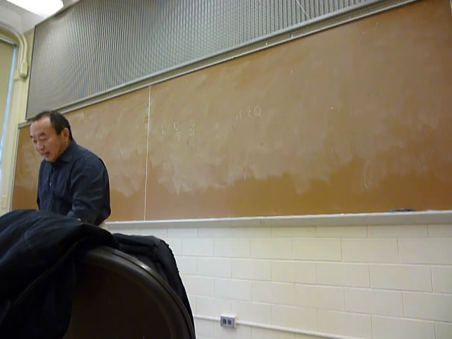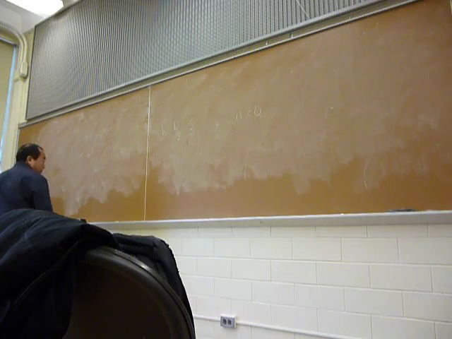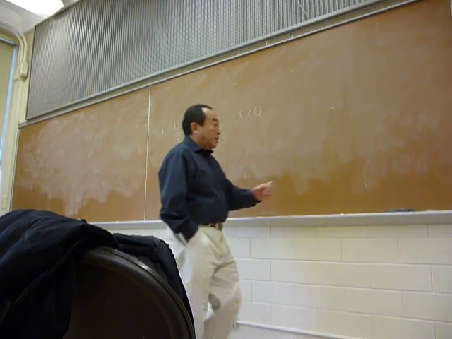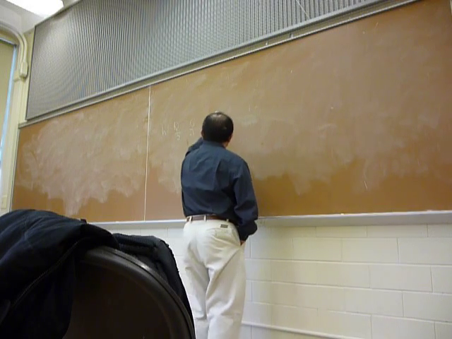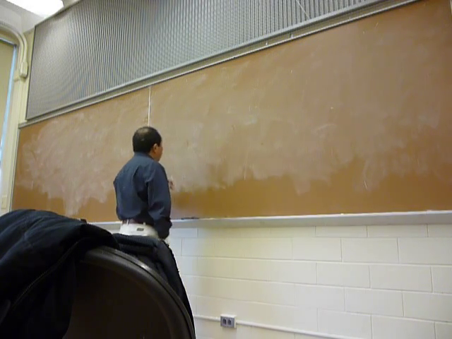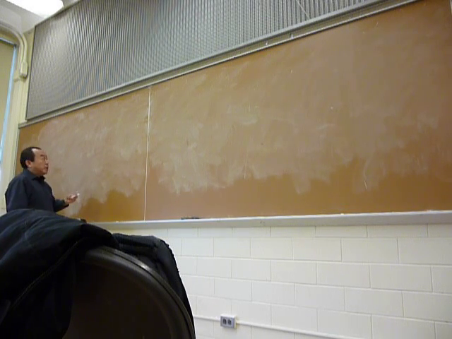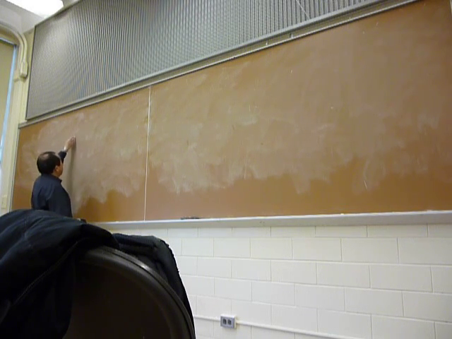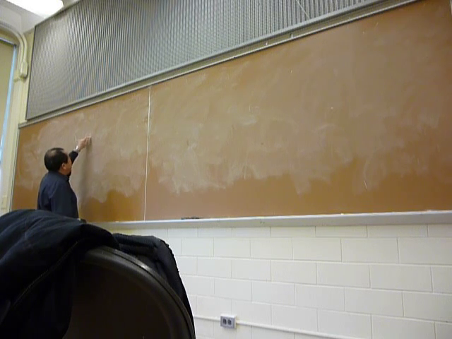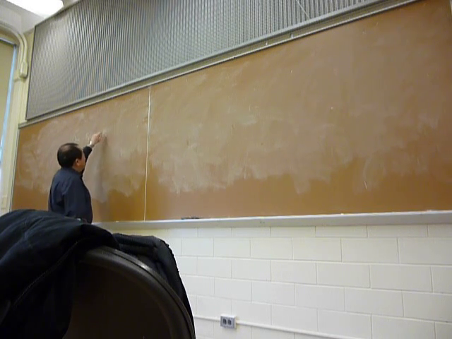Okay, so now what we are going to do next is the one stage stochastic inventory model. We are going to do one stage and then I'll do two stage as well. So, the one stage stochastic model.